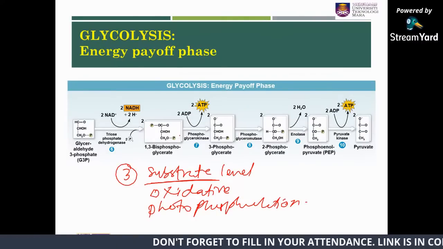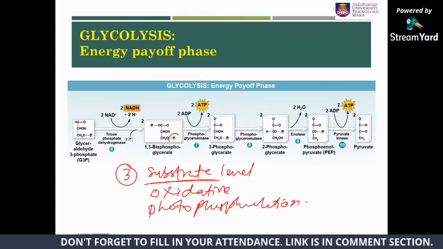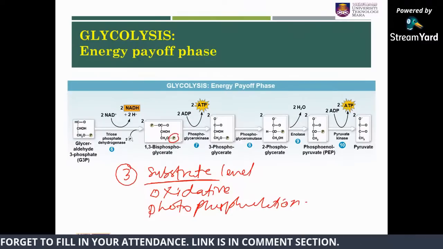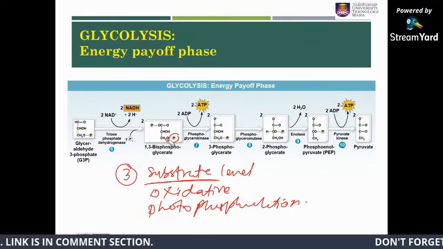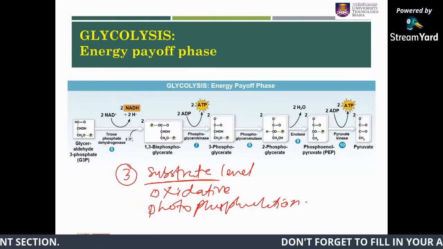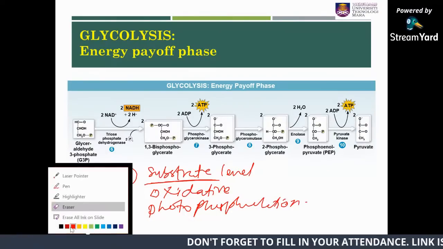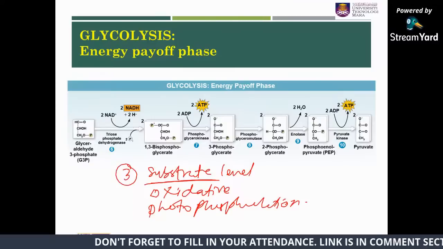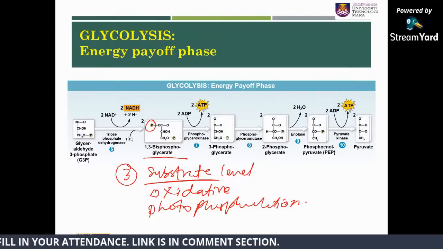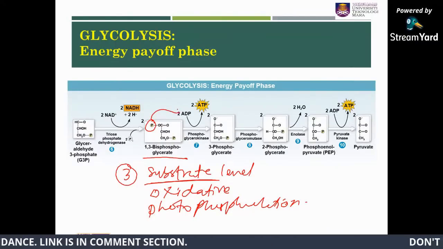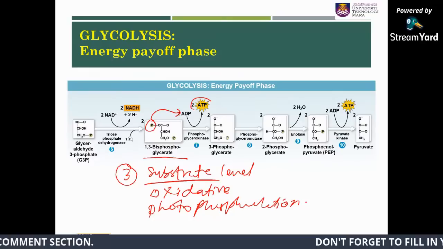So in substrate level phosphorylation, you can see here, this is phosphate group from one substrate dalam gambar ni yang atas. Right, so tengok dekat sini, this is phosphate group from 1,3-biphosphoglycerate. It will be added to ADP forming ATP.